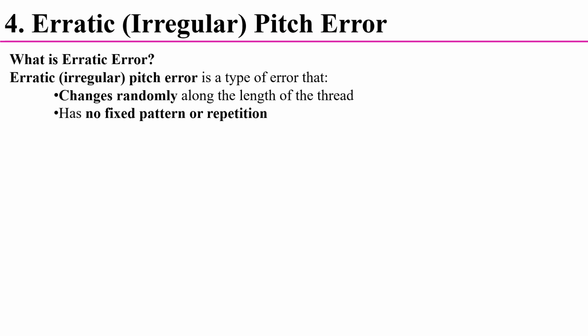Next we have to discuss another pitch error, the erratic or irregular pitch error. Irregular pitch error is a type of error which changes randomly along the length of the thread and has no fixed pattern or repetition. The previous three types of errors have a fixed, repeating pattern, but irregular pitch errors change randomly with no fixed pattern.